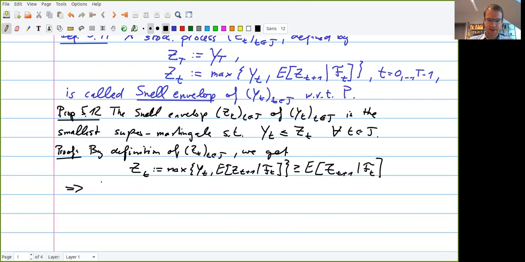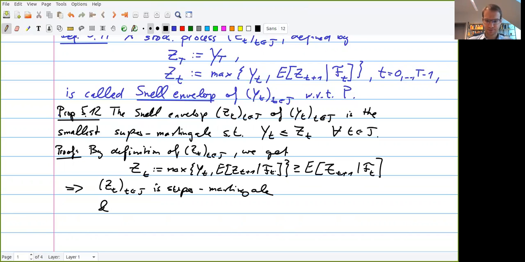This implies immediately that z is a supermartingale. We have the right direction of the inequality to see that it's a supermartingale.